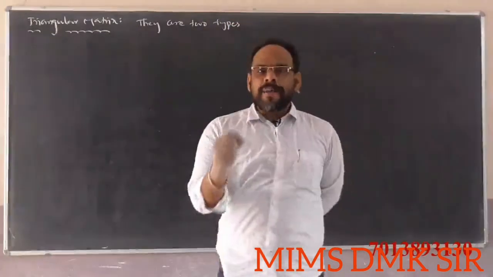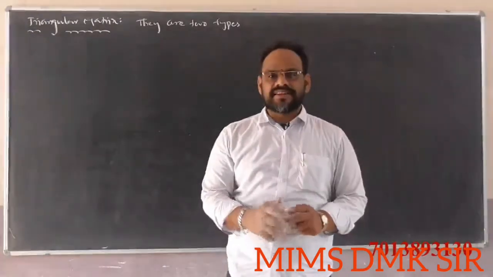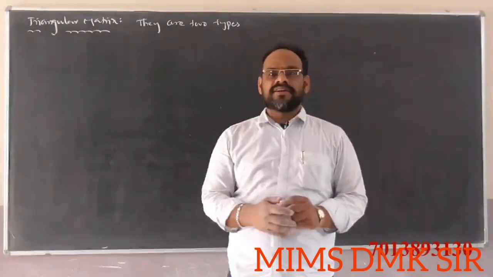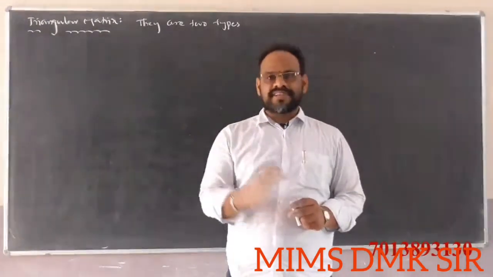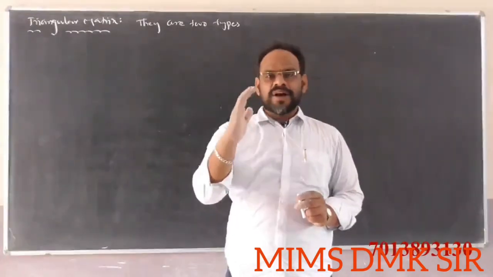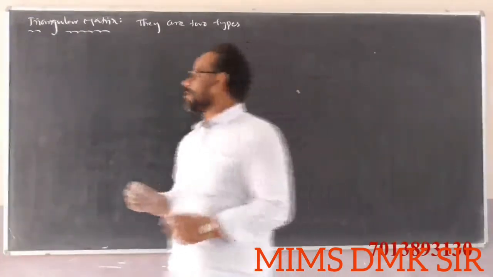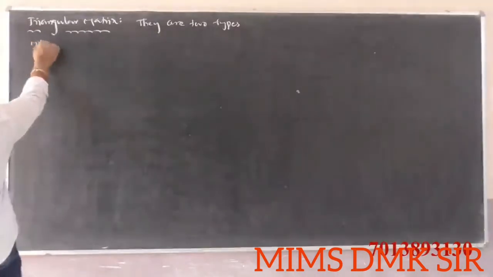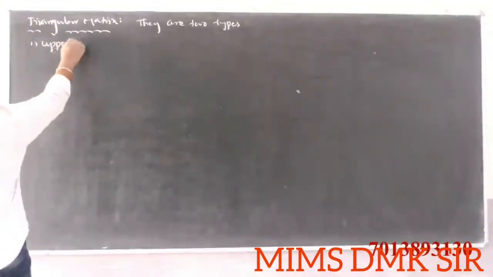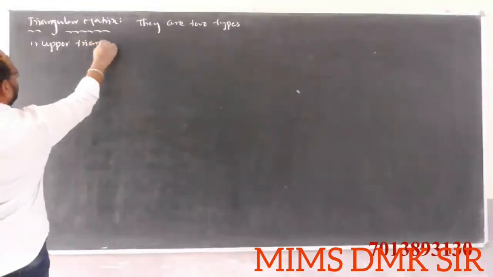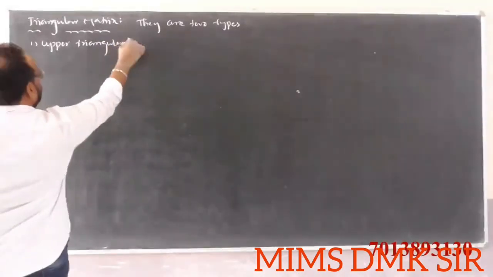First one is the upper triangular matrix and the second is the lower triangular matrix. First one, upper triangular matrix.